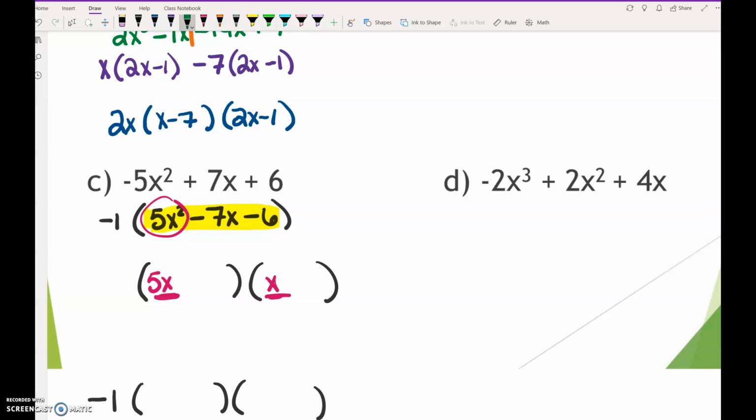Okay. 5x times this term is going to give us, oh, we didn't get that done yet. We have to multiply the 5 times the negative 6, so negative 30, and it has to add up to negative 7. What numbers do that? 3 and 10? 3 and negative 10.